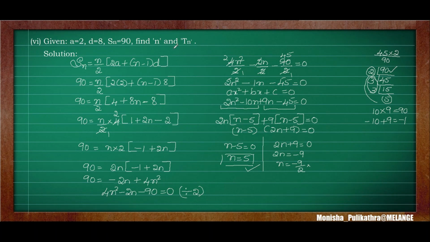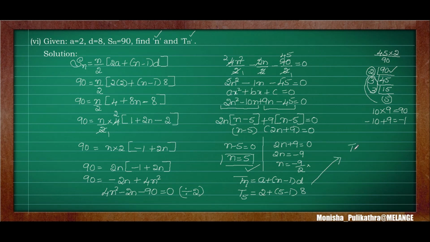So we got the value for n, but we need to find Tn here. Put down the Tn formula: Tn = a + (n − 1)d. Here n is 5, so T5 = 2 + (5 − 1) × 8, where a is 2 and d is 8.